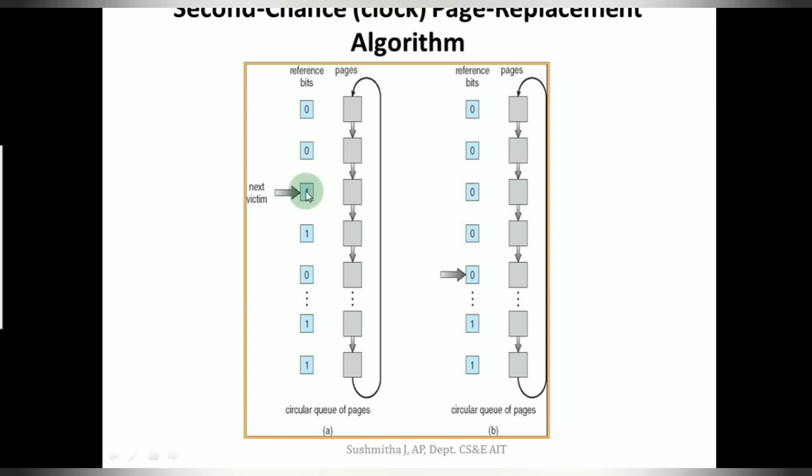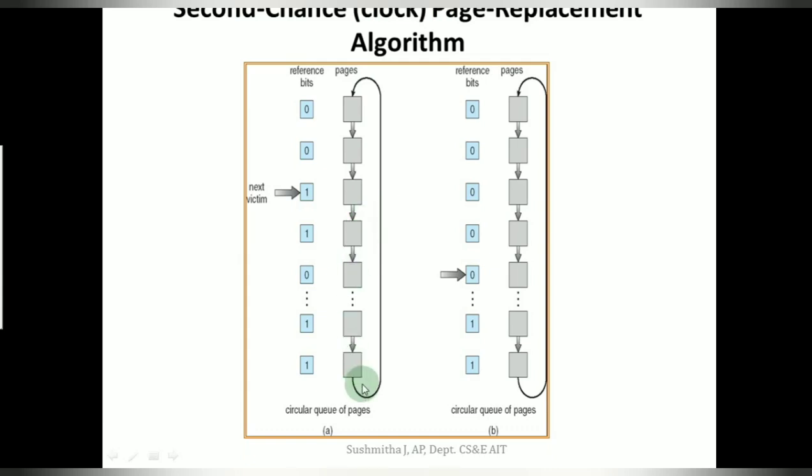So what happens in second chance? Because it is recently referenced, it is going to give it a second chance. When it sees a 1, it clears that value and sets it to 0. After that, it visits the other pages in circular fashion to find if there is any other page that is eligible to be replaced, a victim page.